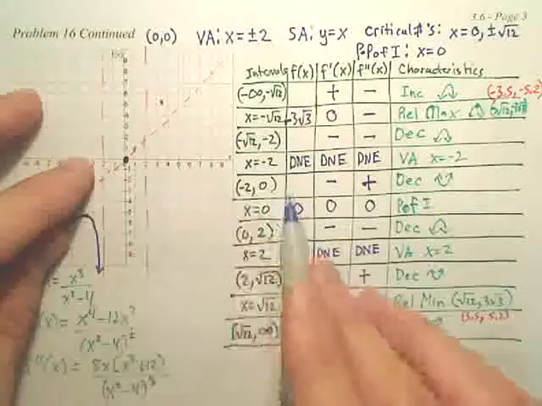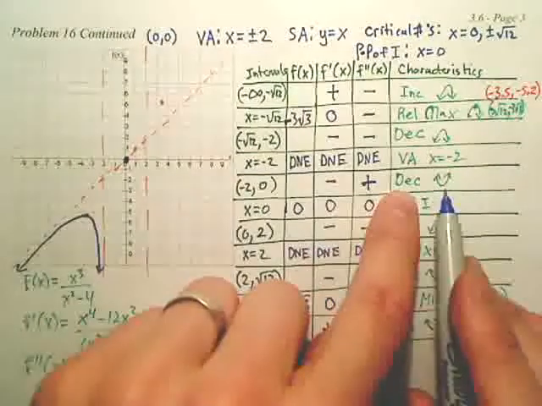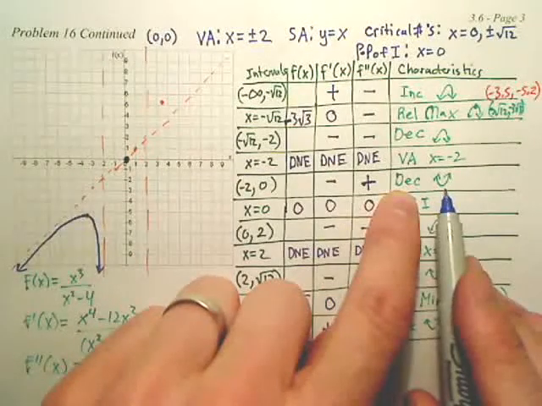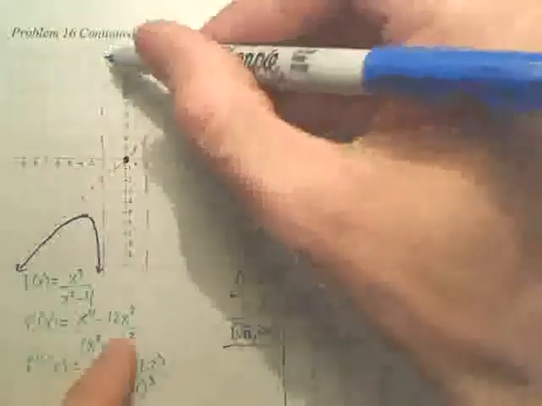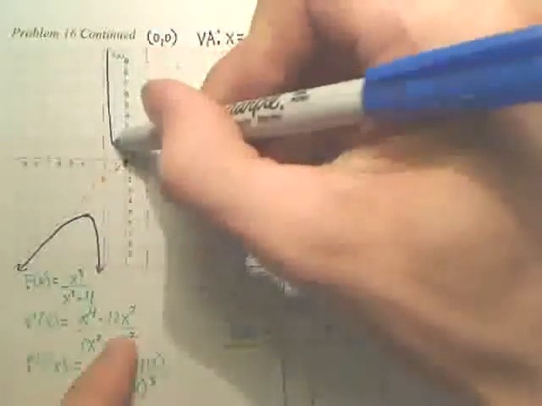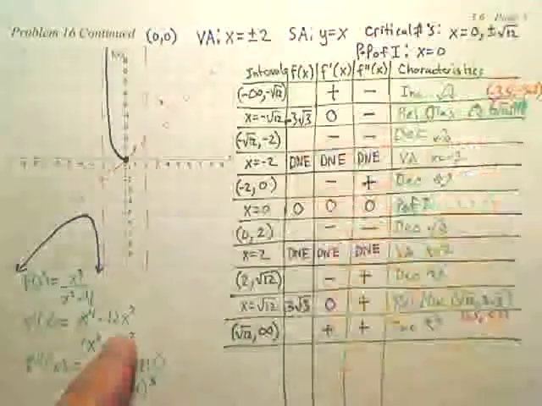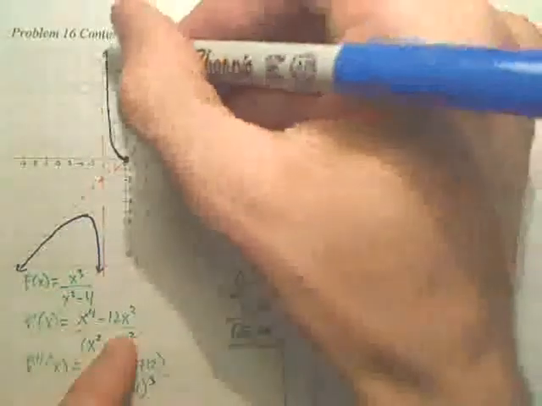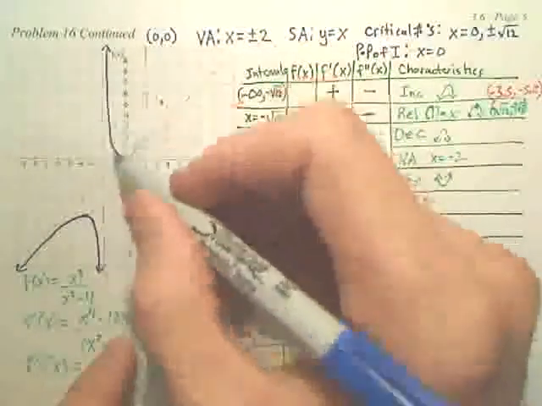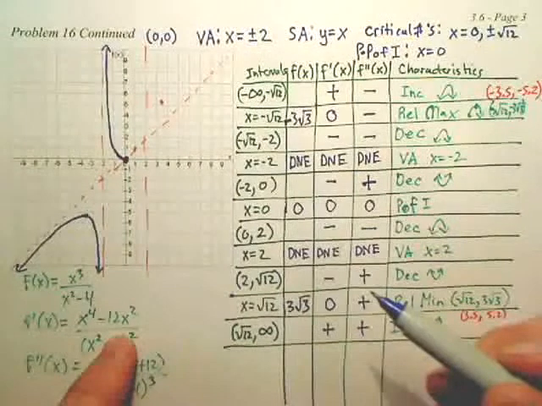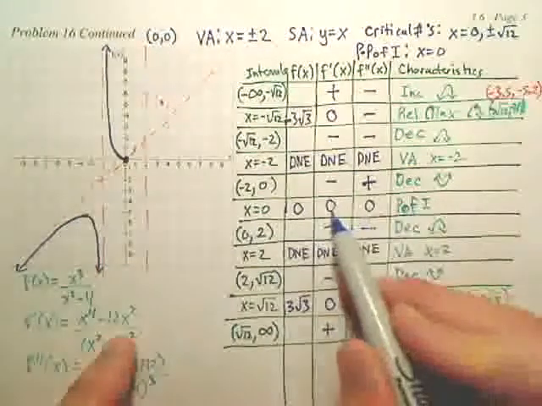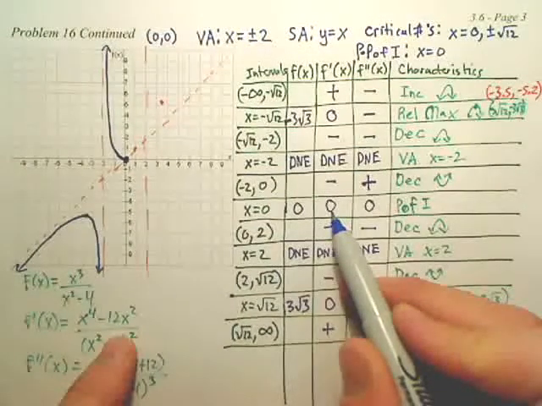from negative 2 to 0, right here, it's decreasing but concave up. Can you imagine this? Isn't that decreasing but concave smiley up? Doesn't it have a slope of 0 at that point? Yeah.